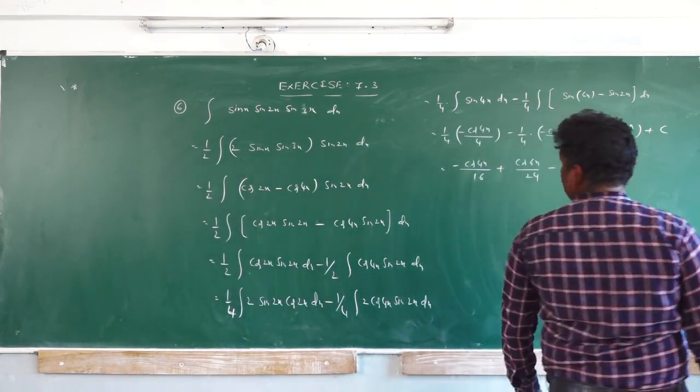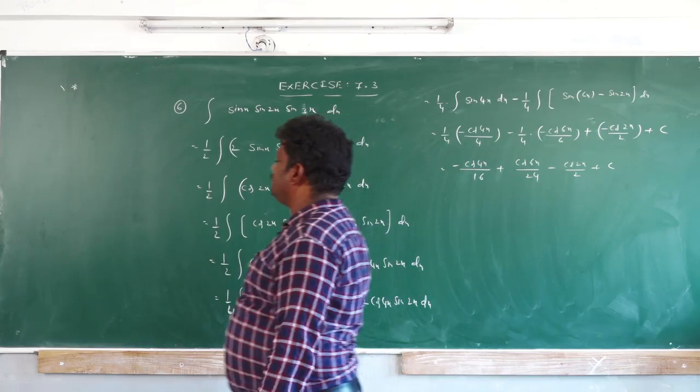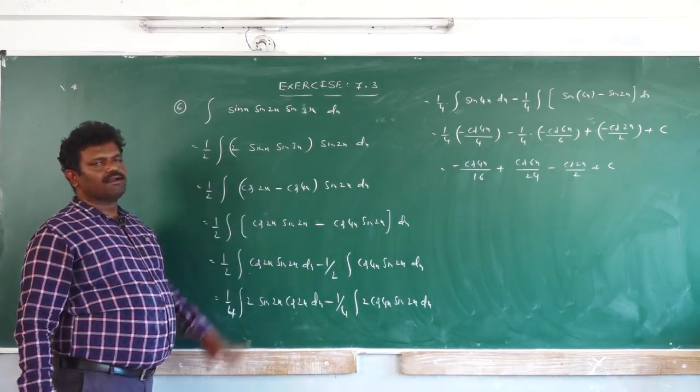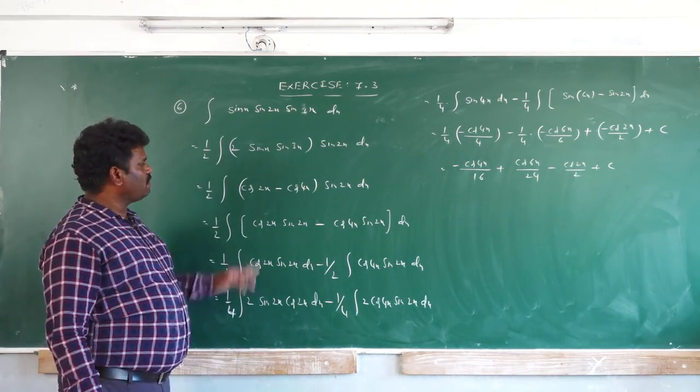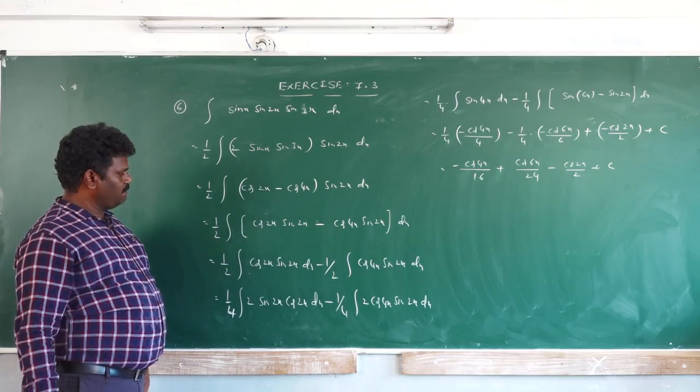So here, sin x, sin 2x, sin 3x again. First we take one pair, sin x and sin 3x, then apply the formula 2 sin a sin b is cos of a minus b minus cos of a plus b, and multiply again.